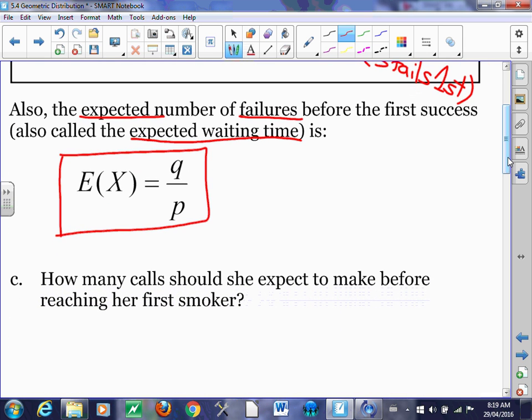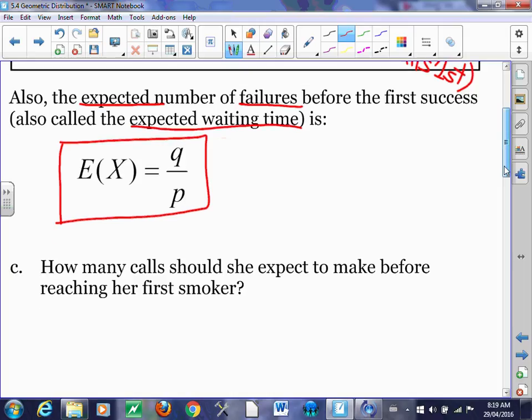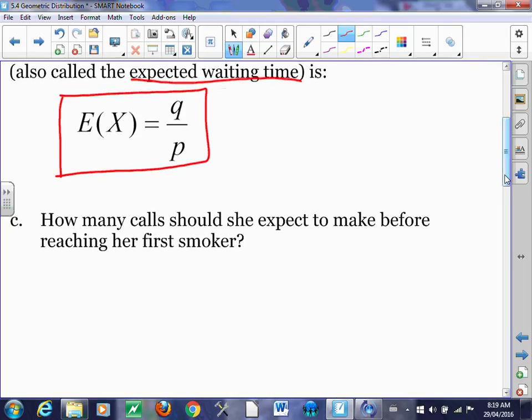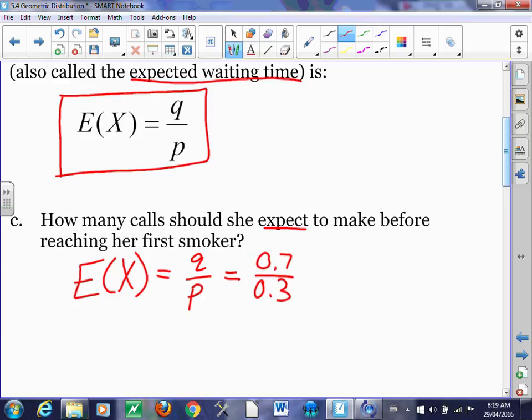So it says for C, how many calls should she expect to make before reaching her first smoker? So my expectation of finding the first smoker is my Q over my P, because it says expect, right? So note your expectation formula. Q in this case is 0.7 divided by P, which is 0.3, and if you plug it in your calculator, it gives you 2.3.